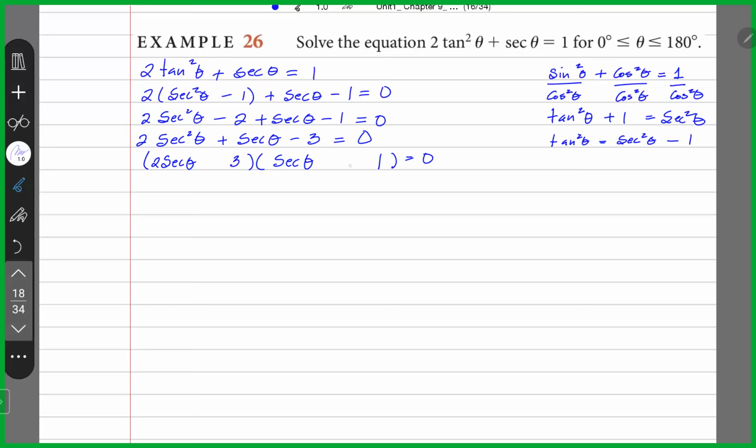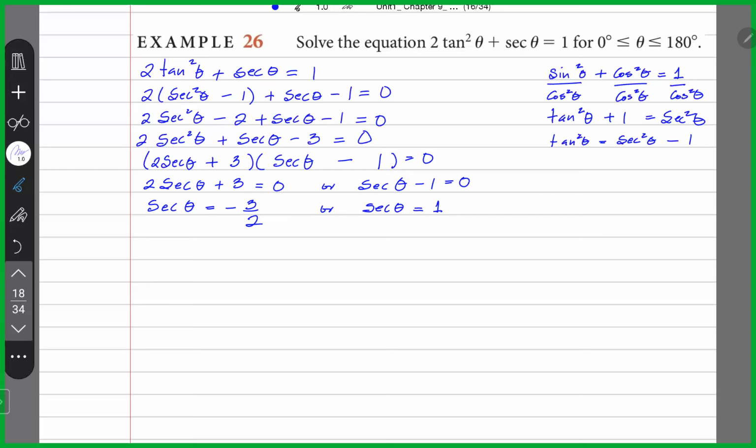The 1 should be negative, the 3 positive. So now we have 2 sec theta plus 3 is equal to 0, or sec theta minus 1 is equal to 0. So sec theta is equal to minus 3 over 2, or sec theta is equal to 1.